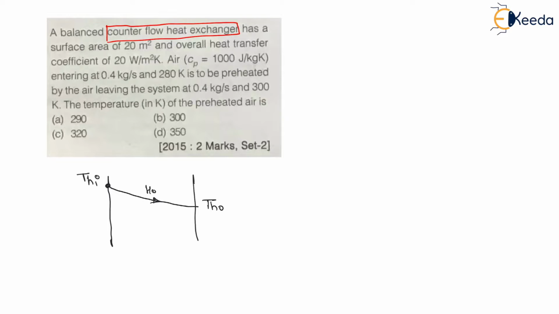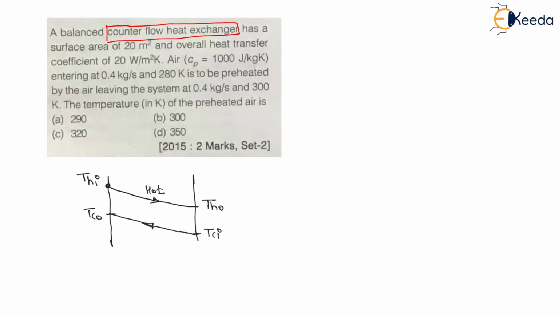And this is a hot fluid. As the hot fluid is moving from left to right, the cold fluid will move from right to left. Therefore here is the entry of cold fluid, TCI, and the cold fluid will exit from the left, so there will be an exit of cold fluid, TCO.